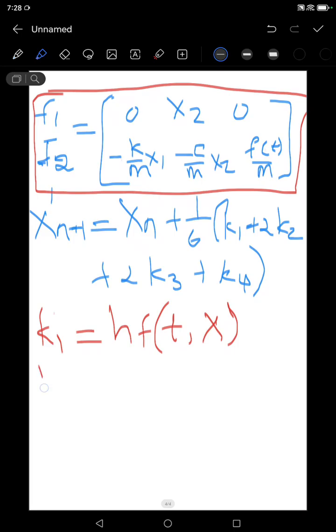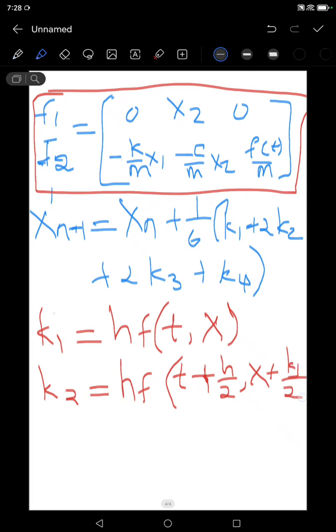And then k2 is going to be h f. Remember, h is the step size, of t plus h over 2, comma, x plus k1 over 2. This is the formula for k2.